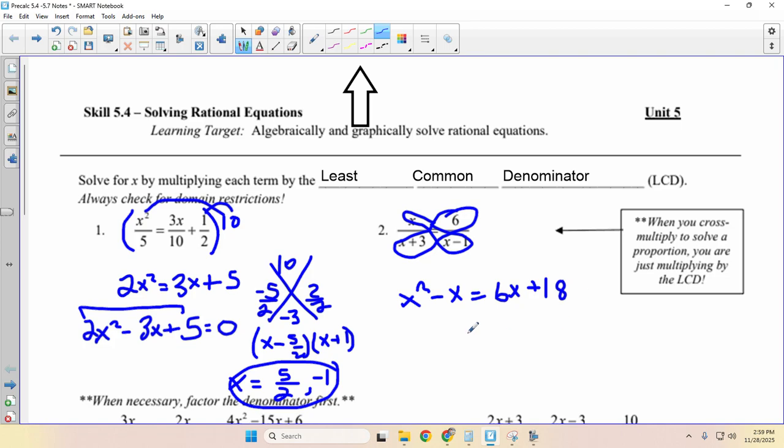We move everything over to one side of the equal sign. I'm going to keep my x squared, subtract 6x, and then subtract the 18 as well.